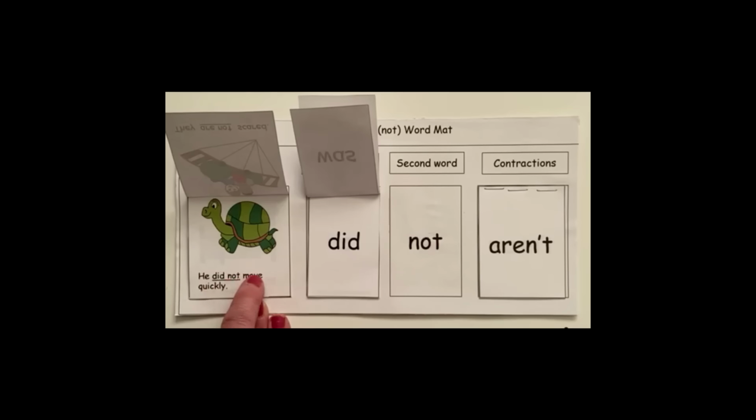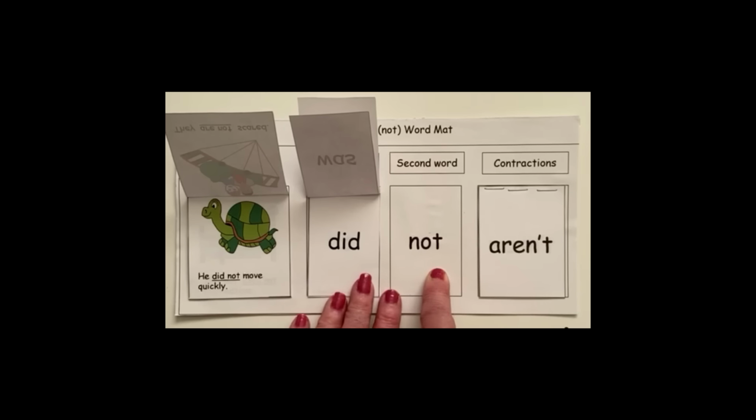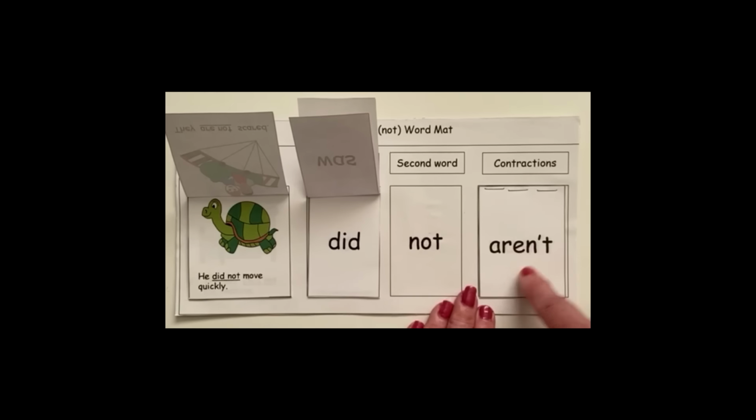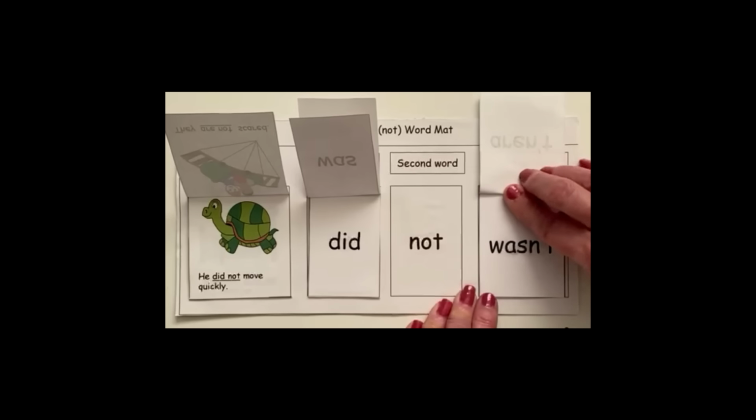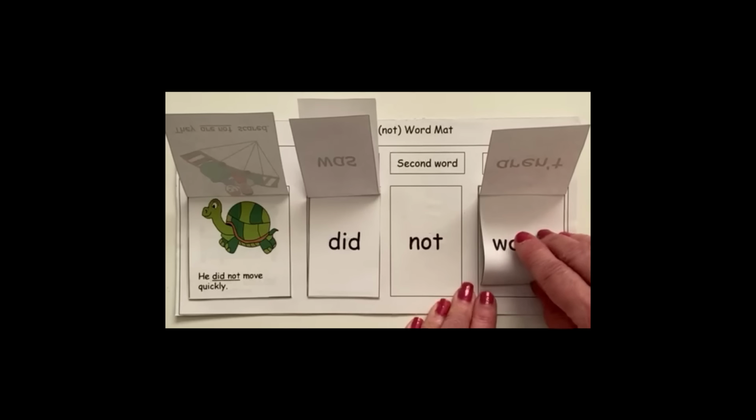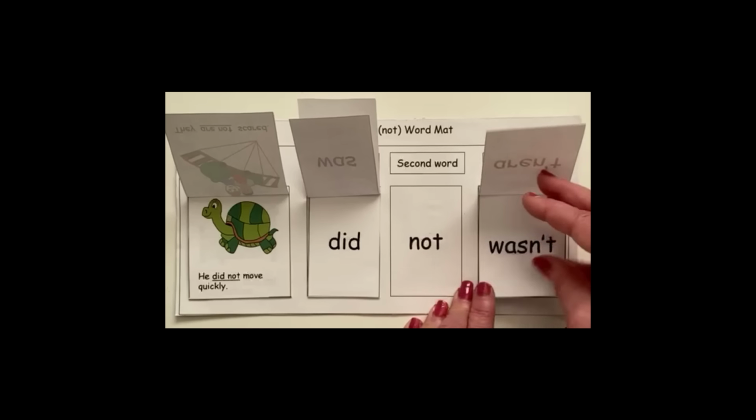He did not move quickly. Did is the first word. Not is our second word. Did not. Aren't is not the correct contraction. So we're going to go through and see. Wasn't. No. Let's look at our next choice.